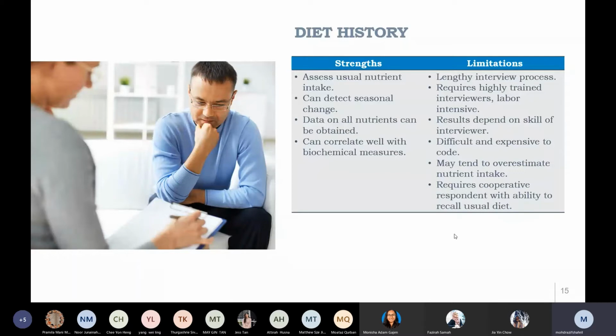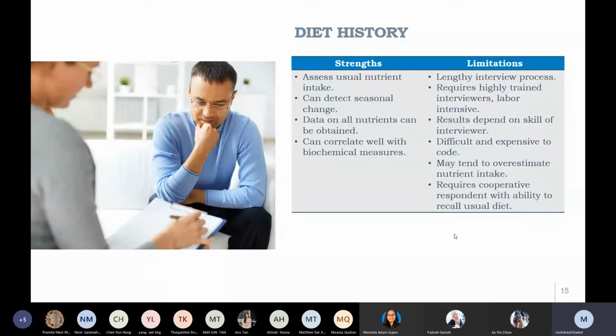It is difficult and expensive to code because of the mixture of various types of foods being consumed, and may tend to overestimate nutrient intake. Okay, because similar to FFQ, when you have a lot of food items being reported, people tend to overestimate. And it requires cooperation from the respondent with the ability to recall usual diet.